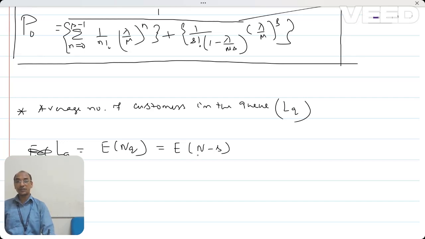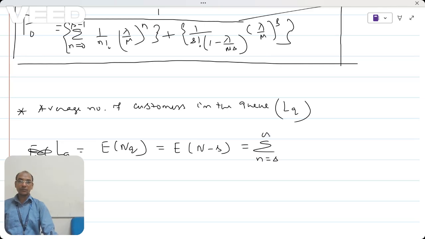Number of customers in the queue. The average number of customers in the queue is the number of customers who are more than the number of servers. So this will be equivalent to summation n equal to s to infinity of (n minus s) into Pn.